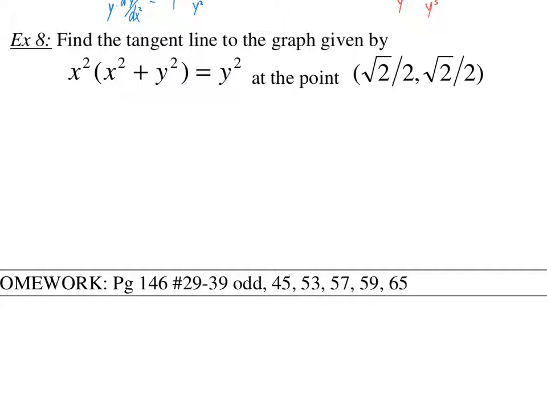So we need to find the derivative, get the slope of the tangent line, and then we can use that with the point to actually get the equation of the tangent line. So take a minute or two here, try to get the derivative of this on your own. Try to find what is dy dx.